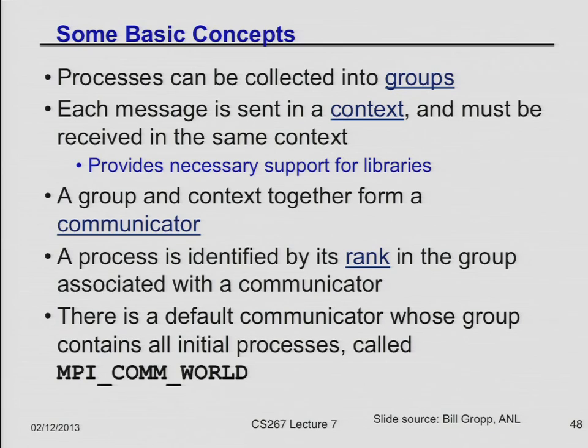And in the examples I'm going to show you, there's only 1 layer, comm world. But if you want to build something more complicated, you can break down all the processors you get into groups, and those can be broken down into contexts. And so then you specify the name of a group and a context together in the communicator, so when you do send, you have to specify this. And so only the other processes that are part of this group and context will get the message. Otherwise, if all the mail went to everybody, it would be very hard to write correct code.